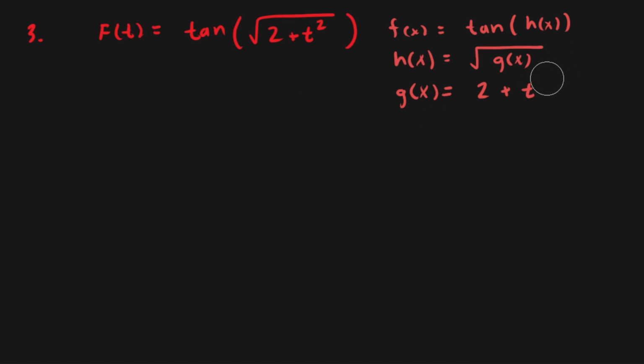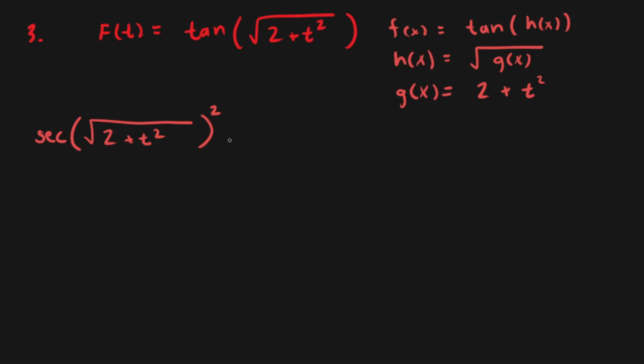Now let's take the derivative of each part. First, the derivative of tangent of x is secant squared x. So we're going to have secant squared of h of x, which is the square root of g of x, which is 2 plus t squared. Remember, the derivative of tangent is secant squared, so we have to have a square here.